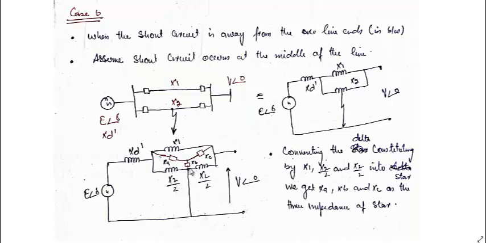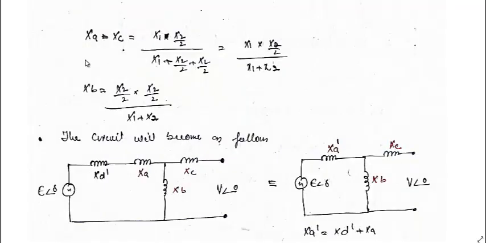So similarly, XB will be equal to X2 by 2 into X2 by 2 divided by X1 plus X2. I have done it over here. XA will be equal to XC because they are symmetrical: X1 into X2 by 2 divided by X1 plus X2 by 2 plus X2 by 2, which is equal to X1 into X2 by 2 divided by X1 plus X2. XB will be equal to X2 by 2 into X2 by 2 divided by X1 plus X2.